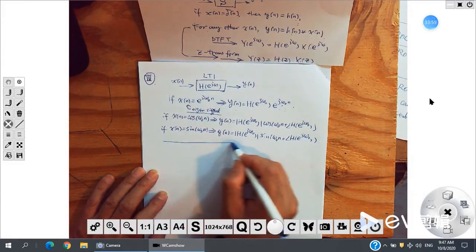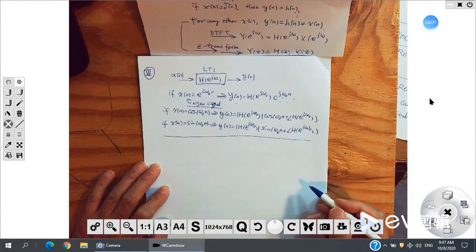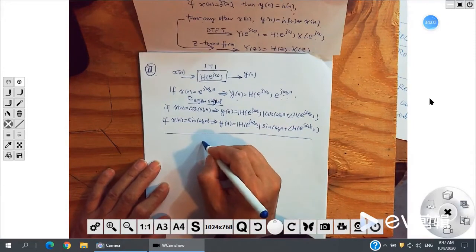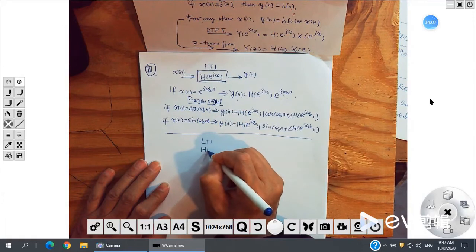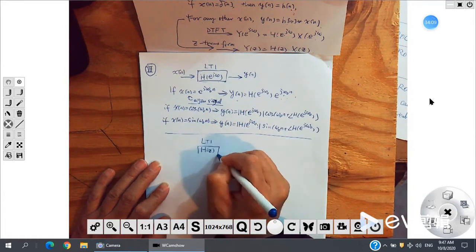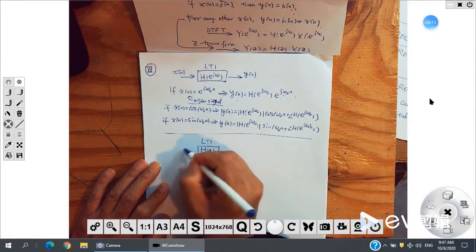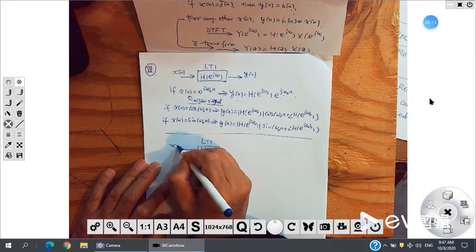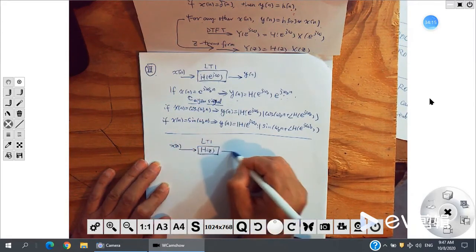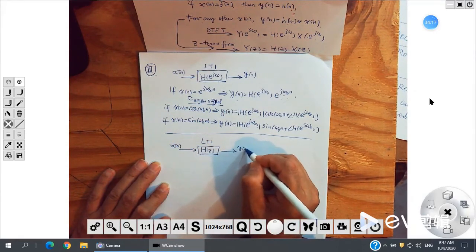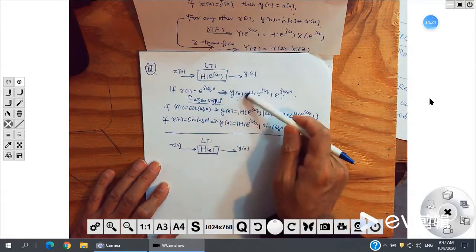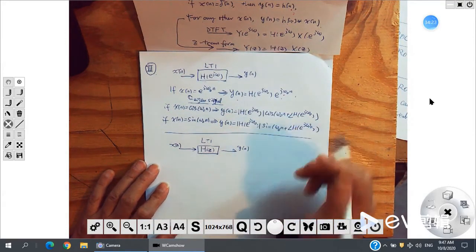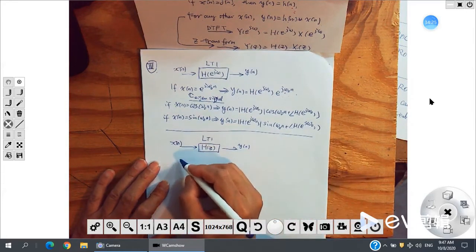Now for the z transform. For the z transform, we have a transfer function, right? An LTI system with transfer function H of z, we can write in this way. Then we have the input, then we have the output. We still have a similar result here, but now it is written in a simpler way.